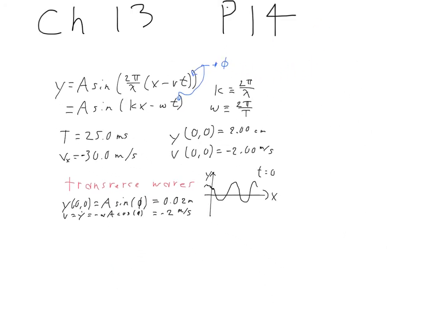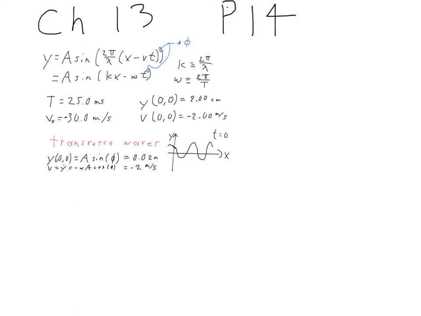So first we'll give ourselves a bit of room to play around with. So we're going to divide the initial y position by the initial velocity, and that is supposed to then equal what?